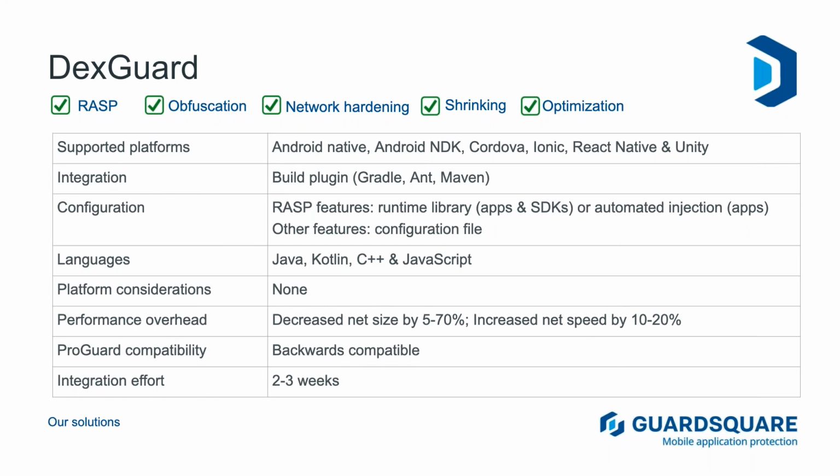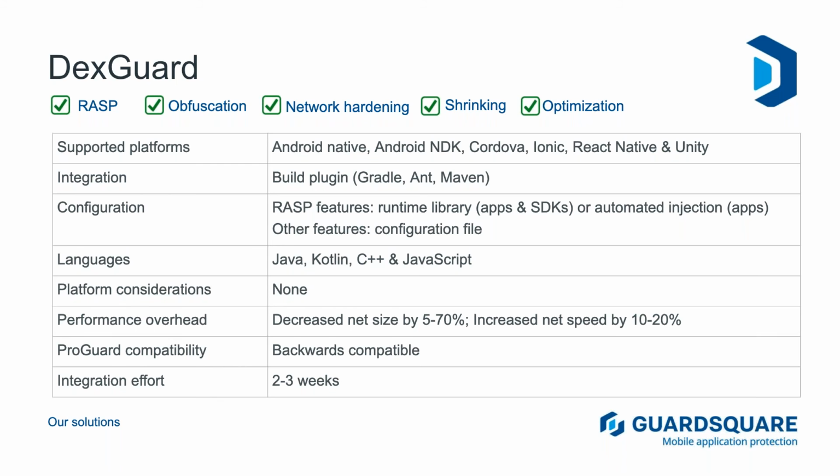You can use DexGuard on regular Android apps, but also on parts developed with the Android NDK in, for example, C++. We're also compatible with hybrid setups, such as Cordova, Ionic, and React Native, and here we can protect the JavaScript code as well. We're also compatible with Unity applications.